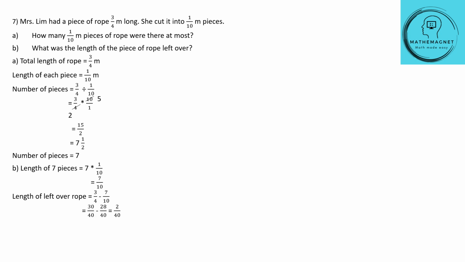So 3 by 4 minus 7 by 10 can be rewritten as 30 by 40 minus 28 by 40. So 30 minus 28 becomes 2 by 40. So the length of the leftover rope will be 2 by 40, which can be simplified as 1 by 20. So the length of the leftover rope is 1 by 20 meters.